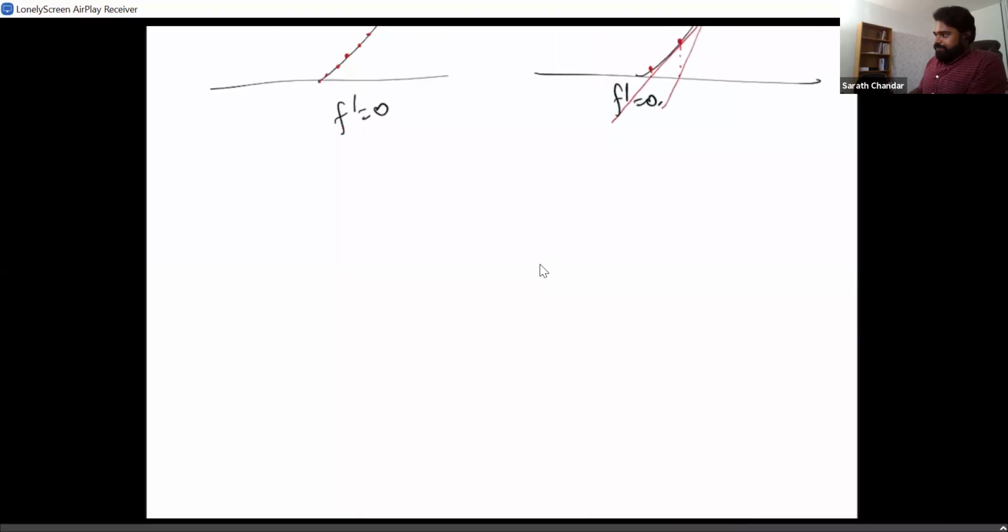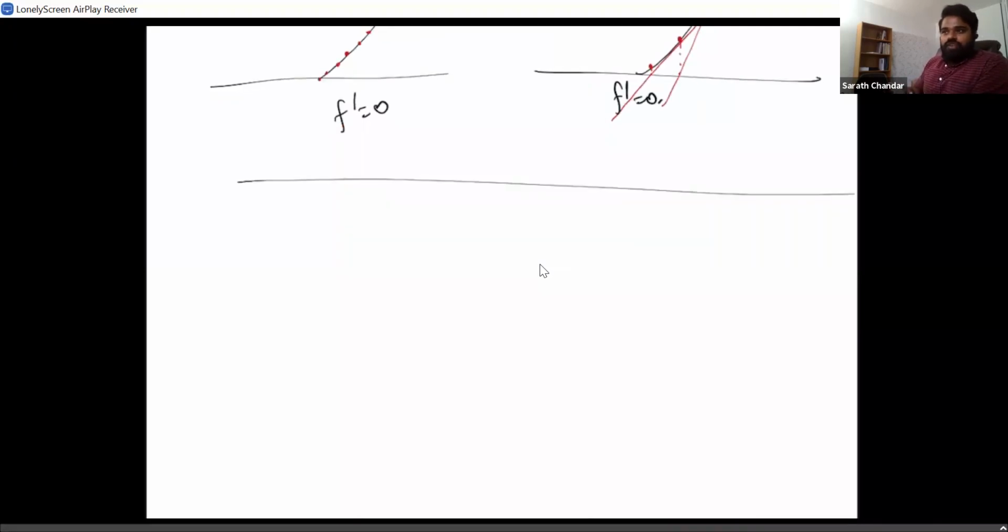Now that we have learned how to do Newton-Raphson, let's go back to logistic regression and do Newton-Raphson for logistic regression.